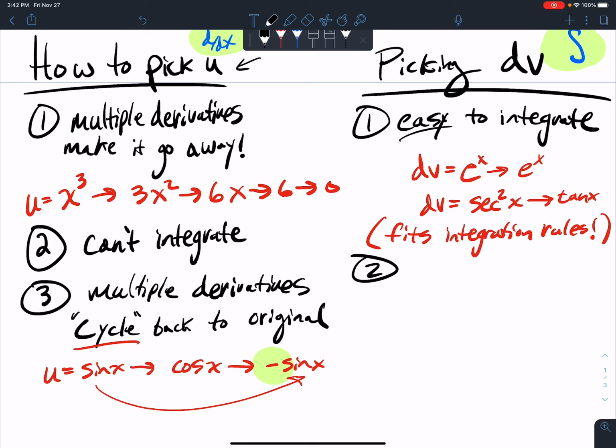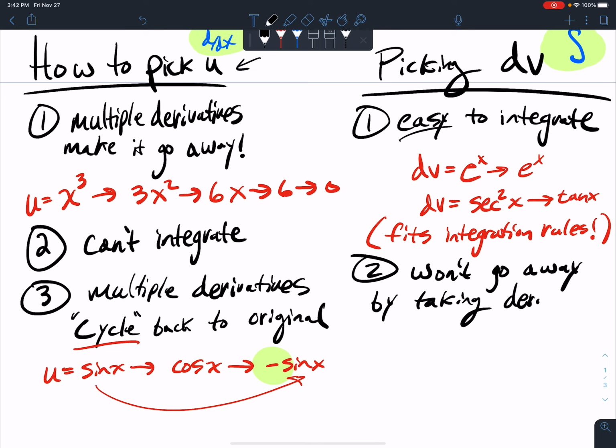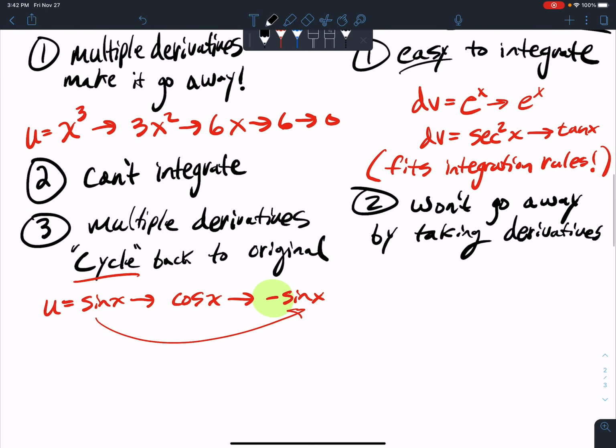All right, number 2, you pick this dv if it won't go away by taking derivatives. So what do I mean by this? Well, we just talked about ln x, so if you tried to make u equal ln x, what happens when I take the derivative of ln x?